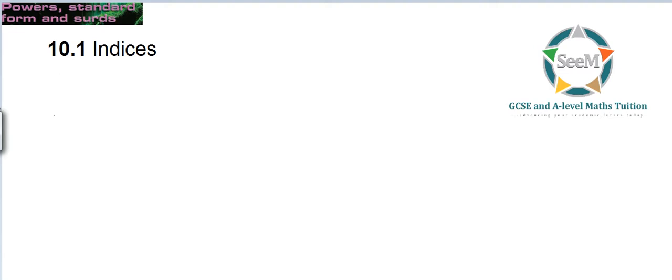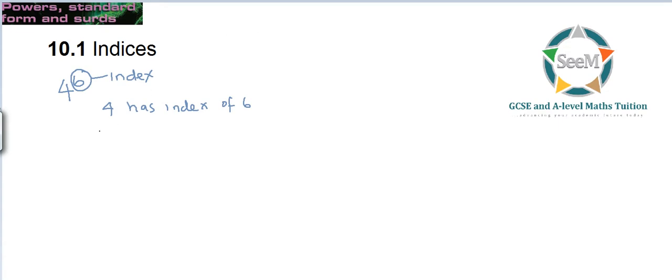Okay, so what does indices mean? Indices simply means, suppose you have 4 to the power of 6, for example. This number here is called an index. So 4 has an index of 6.